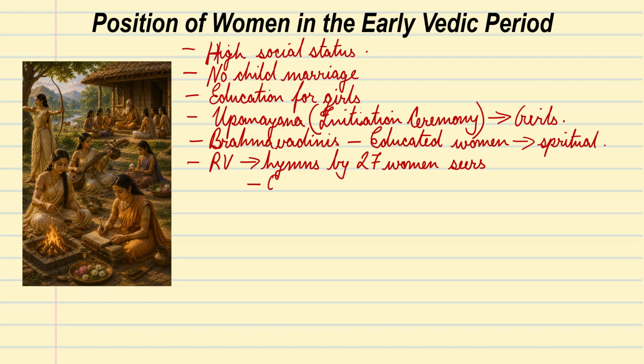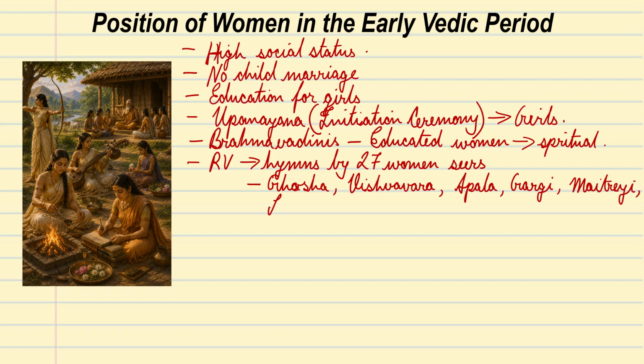There was Ghosha, a woman seer, then Vishwavara, then we had Apala, Gargi, who is very famous. Then we have Maitreyi. After that we have Lopamudra. So these were highly educated women who have been mentioned in the Rig Veda, the earliest or first text of humanity.